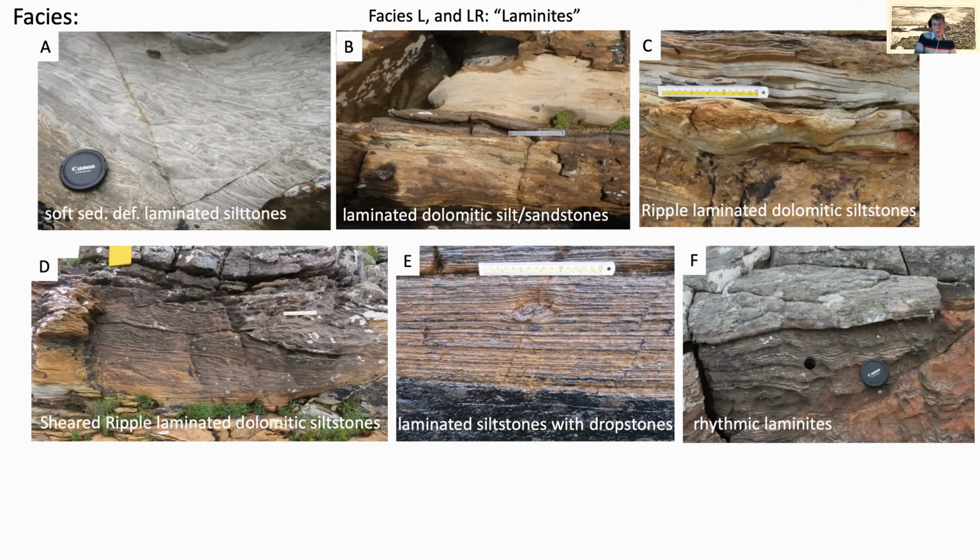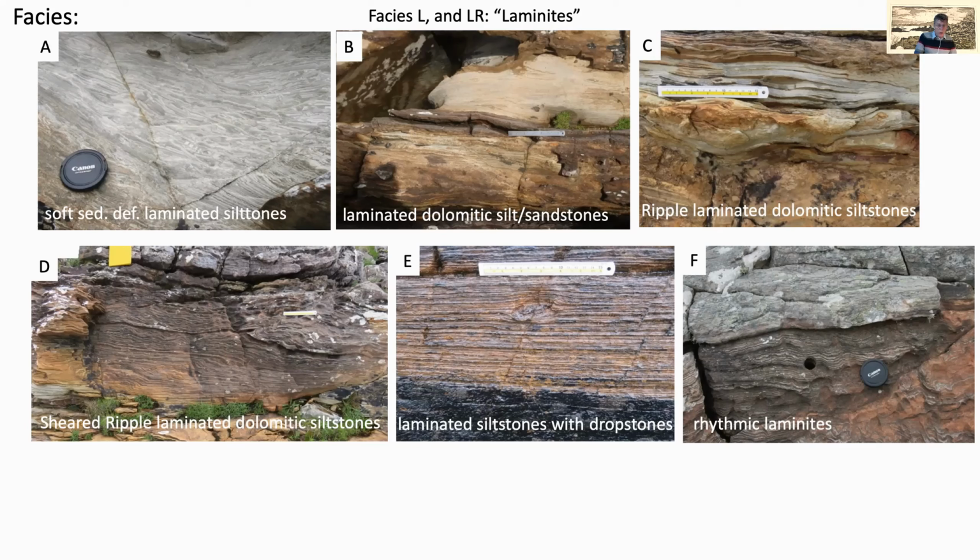It's also commonly rippled, shown in C, ripple laminated dolomitic siltstones. Some of the ripple laminations are clearly soft sediment deformed with thrusting and microfaulting, as shown in D, and that's attributed to minor slopes.